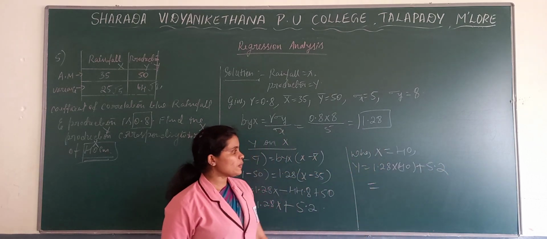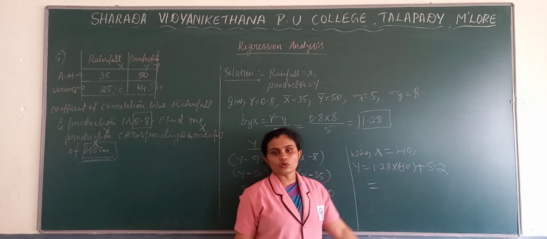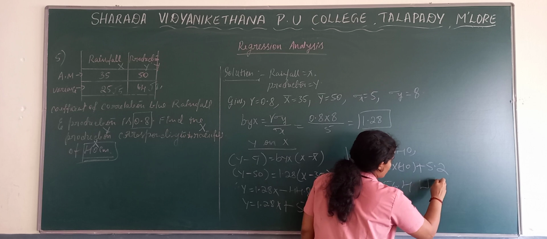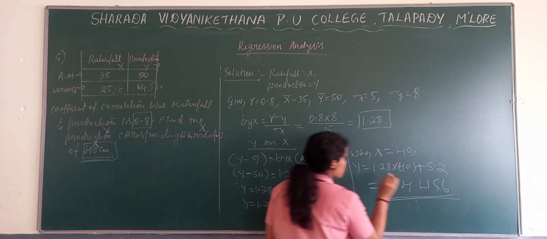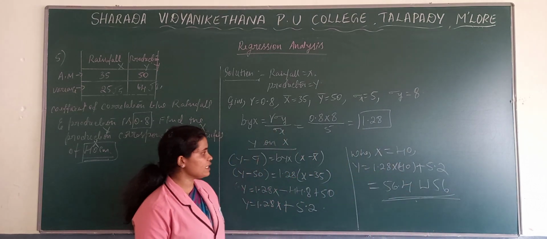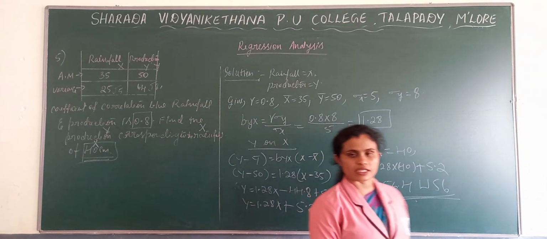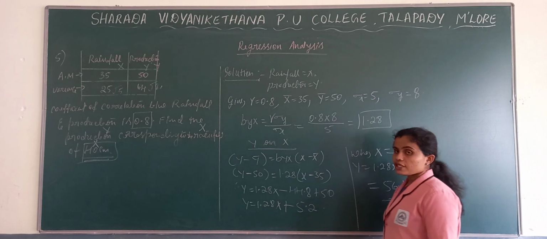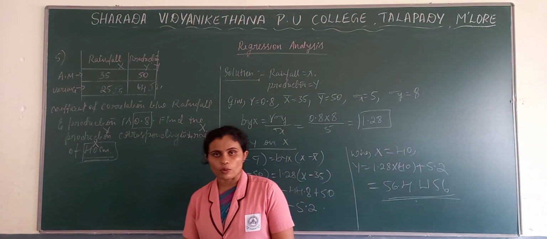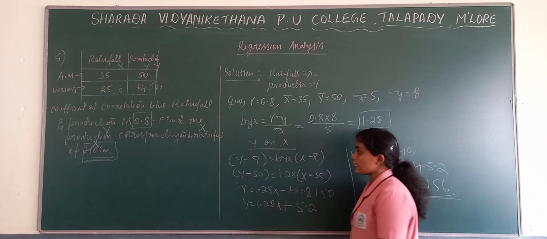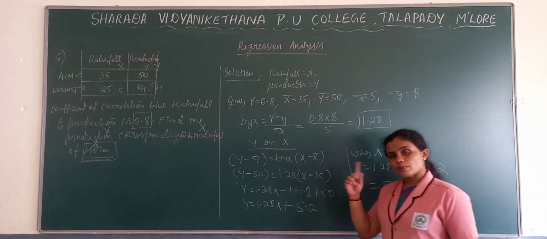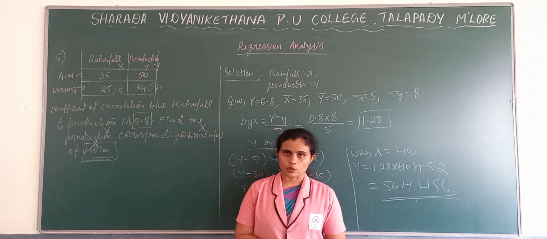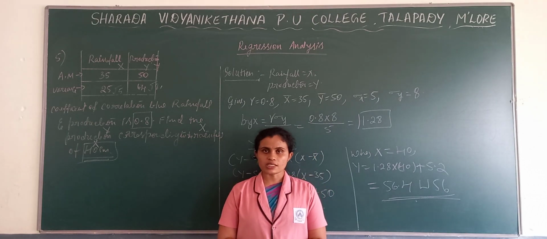So when we multiply and add with 5.2, we get the value as 56.4, approximately 56. So this is about another kind of problem. So here we have seen two kinds of problem in case of regression analysis. Even this problem is also important, and what we have done before, those kinds of problem are also important. So we'll wind up with today's class. Thank you.